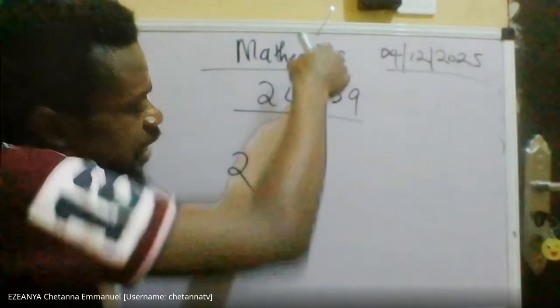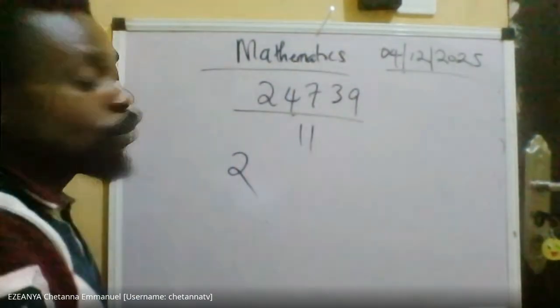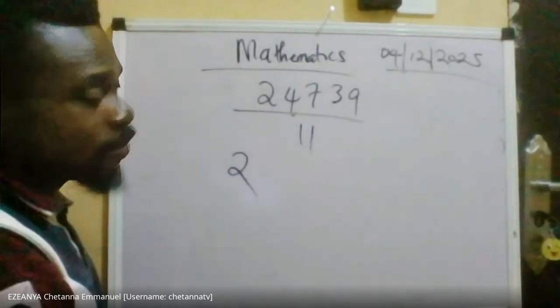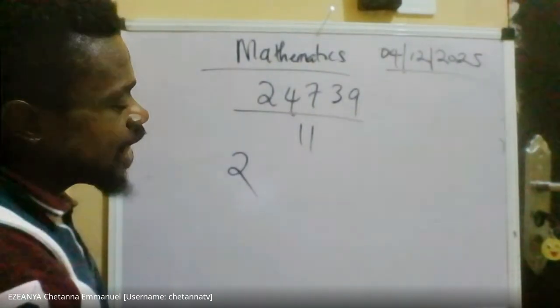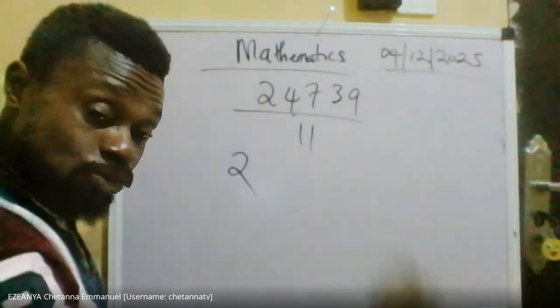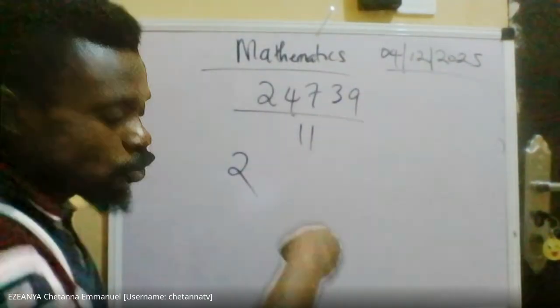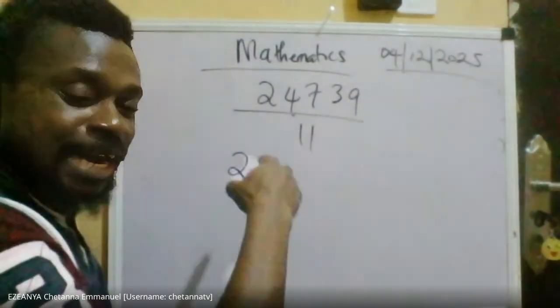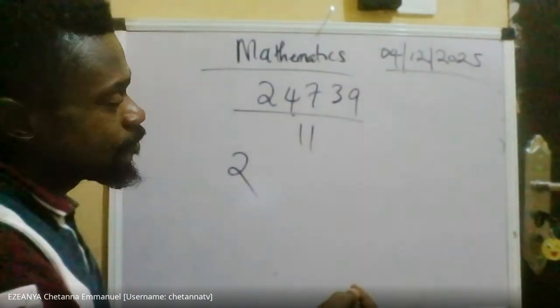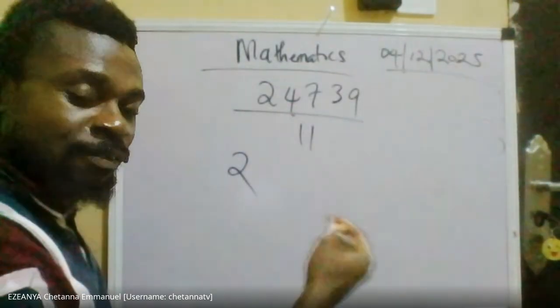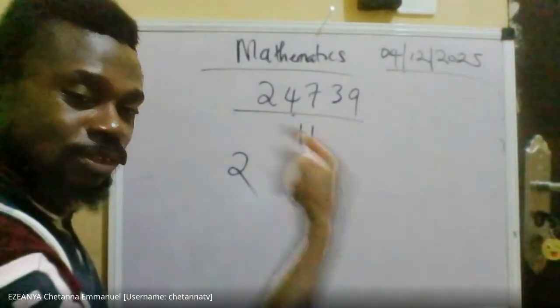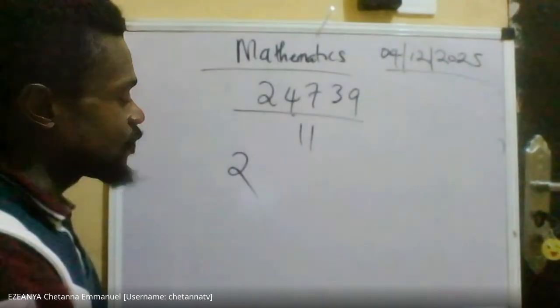You add it to this 7, it becomes 27. You keep dividing by 11. 27 divided by 11 will still give you 2, because inside 27 we have 2 11s. So 2 remainder 5, because 11 times 2 is 22 plus 5 is 27.